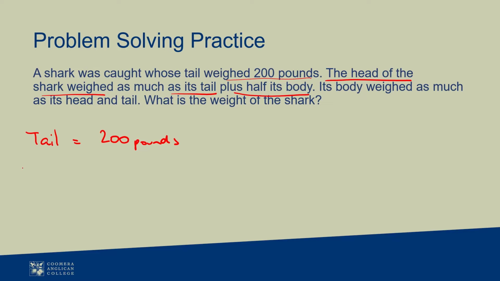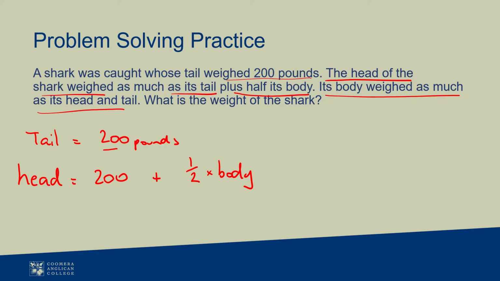Okay, so I'm going to write this down. The head weighs as much as the tail. Now remember the tail weighs 200 plus half of its body, half times the body. Okay, and its body weighed as much as the head and the tail.